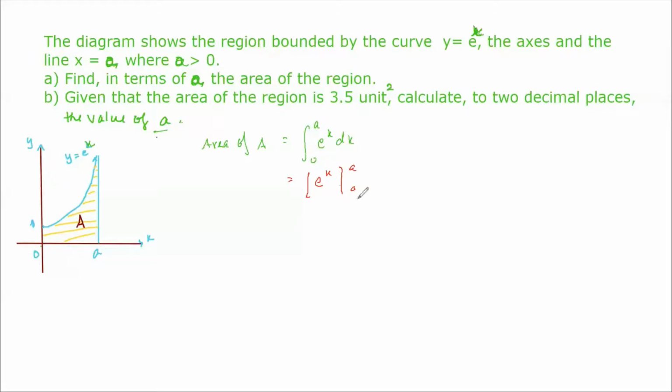So after this, we use destination minus original, e power a minus e power 0, so it becomes e power a minus 1 square units.